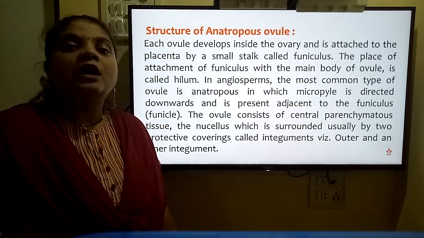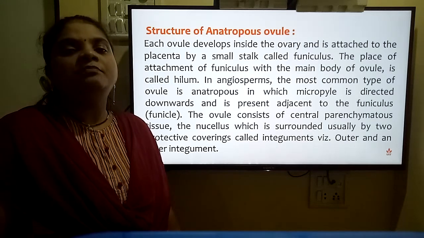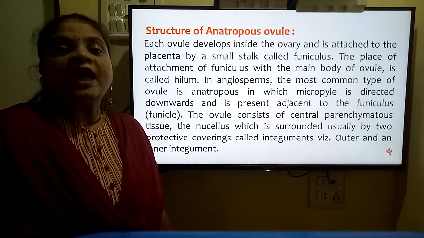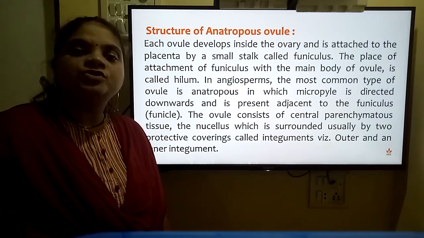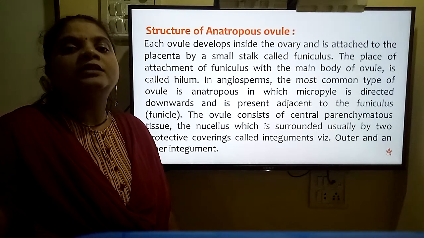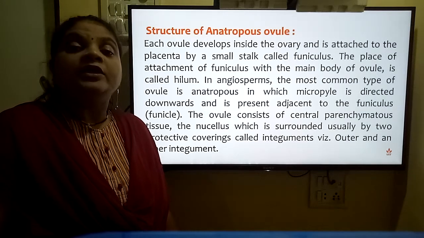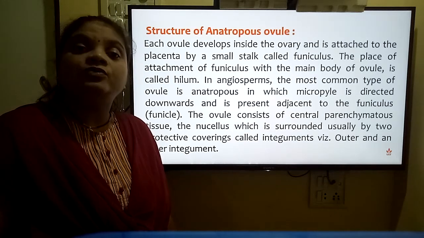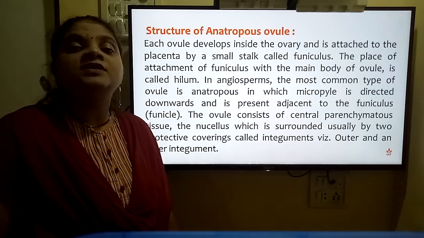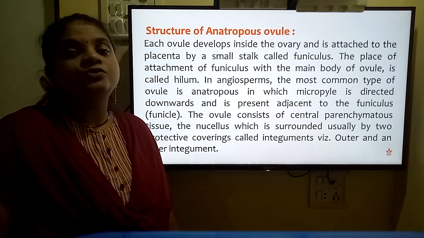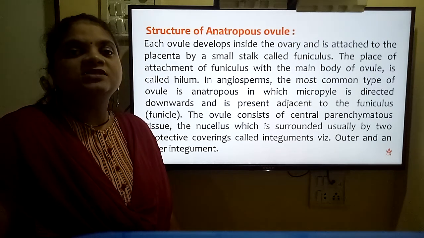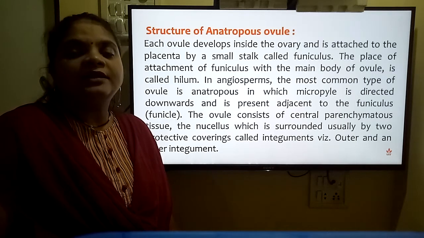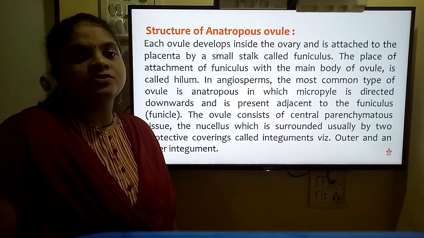This funicle is attached to the main body of the ovule at the hilum. The anatropous ovule is the most common type of ovule in angiospermic plants, in which the micropyle is directed downward and is present adjacent to the funicle. So these are the identification characters of the anatropous ovule.